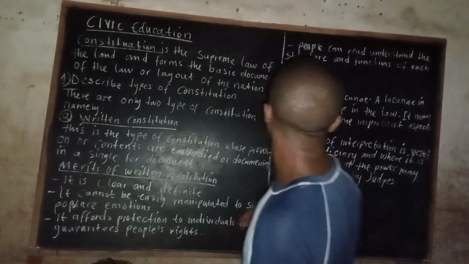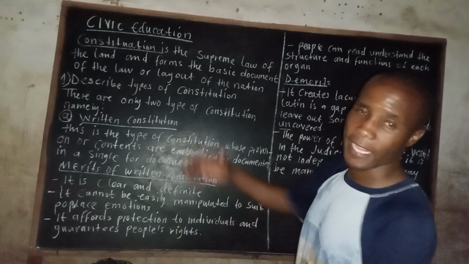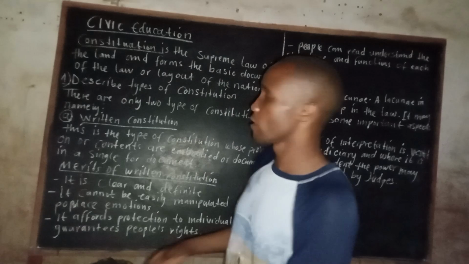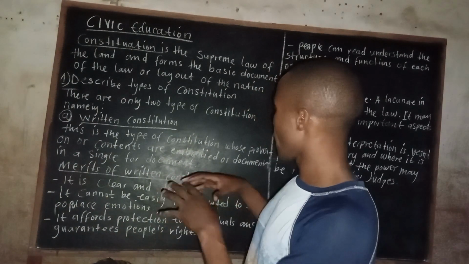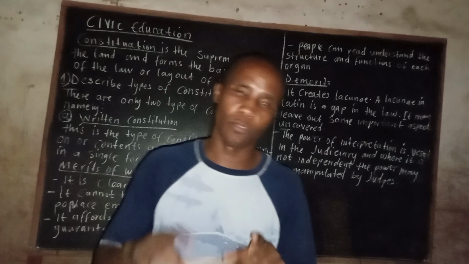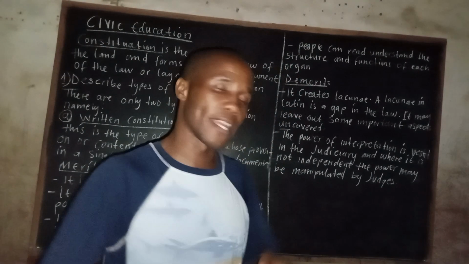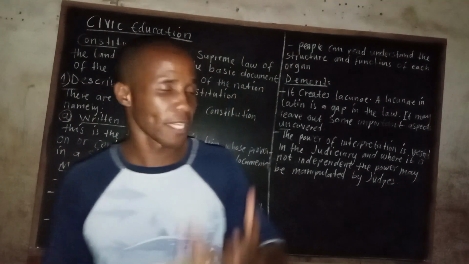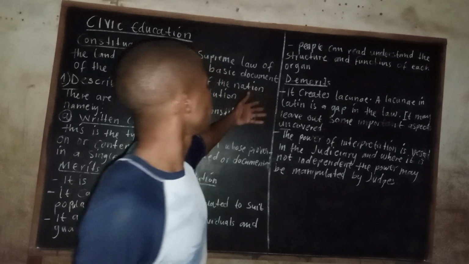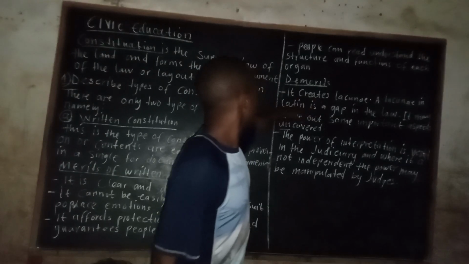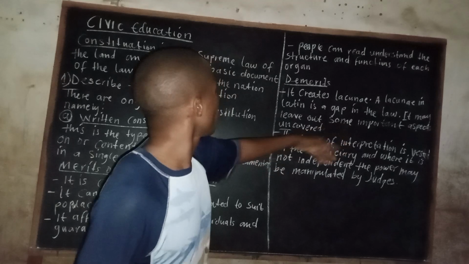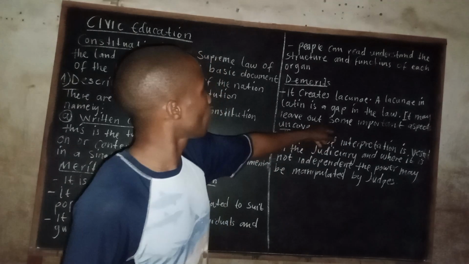Then we go to the other side, the disadvantages of written constitution. Remember, everything on earth has its own advantage and disadvantage. Demerits: it creates lacuna. A lacuna in Latin is a gap in the law.